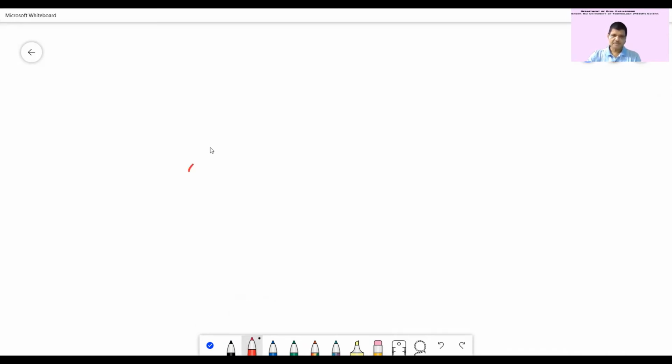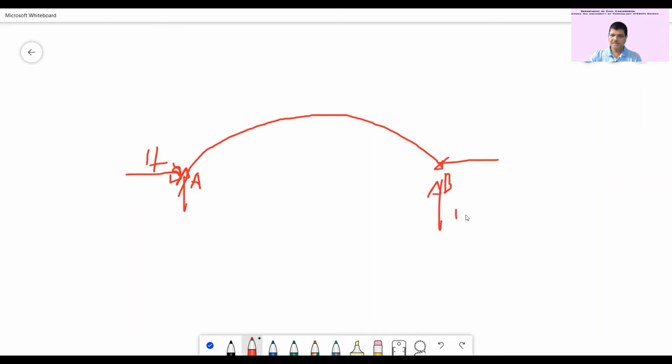Now let us draw a parabolic arch. This is a parabolic arch, and there will be two reactions. This is the end A and this is the end B. Here will be the horizontal reaction HA, and here the horizontal reaction HB, with vertical reactions VA and VB.